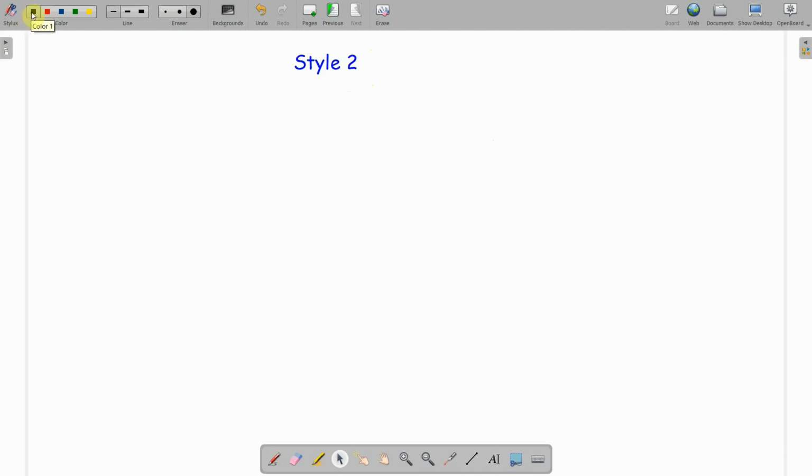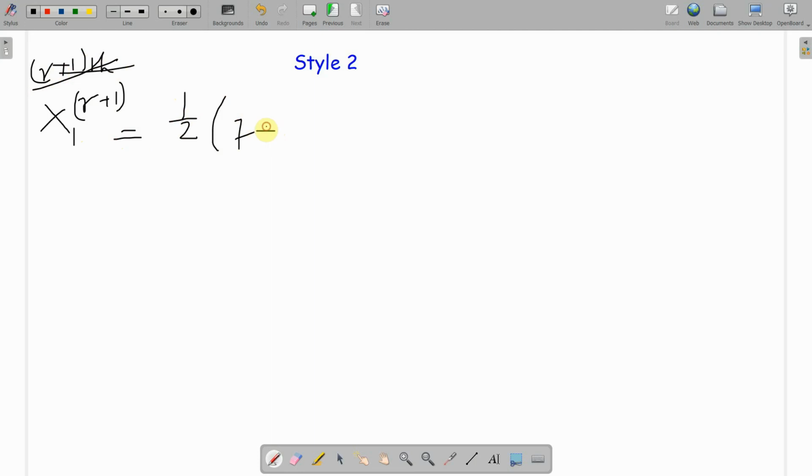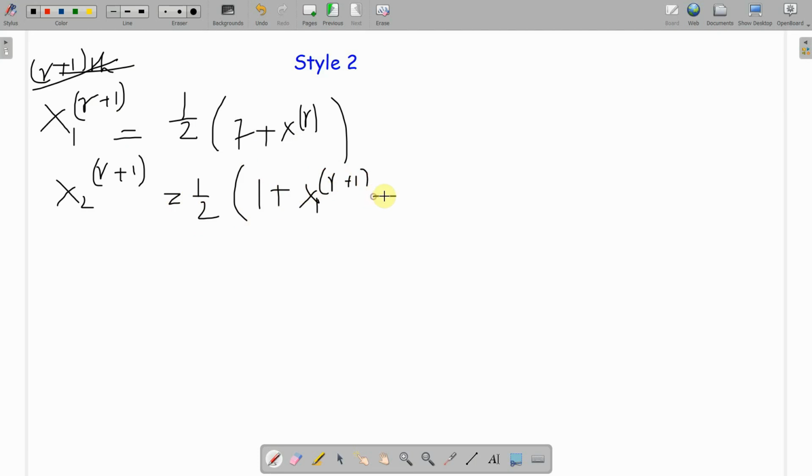How will I be representing it? I know the value of x1 at the r plus 1th iteration: x1 would be half of 7 plus x2 r. Now x2 at the r plus 1th iteration is half of 1 plus x1 r plus 1 plus x3 r.